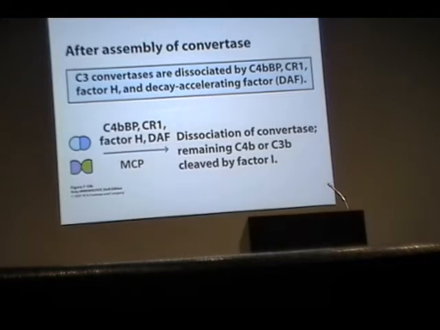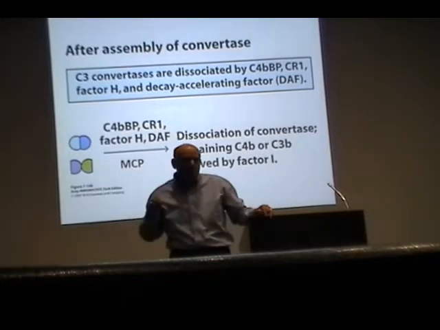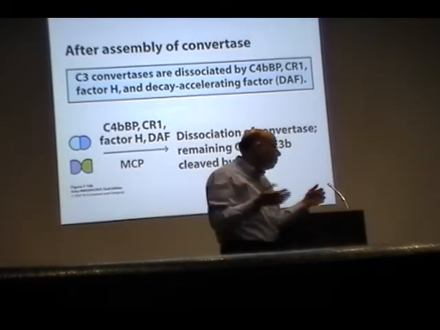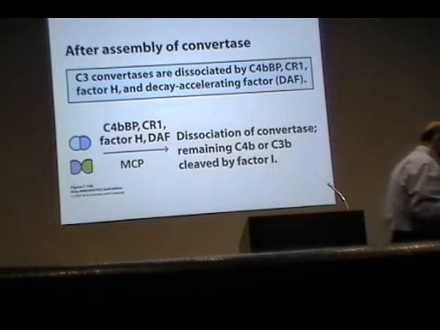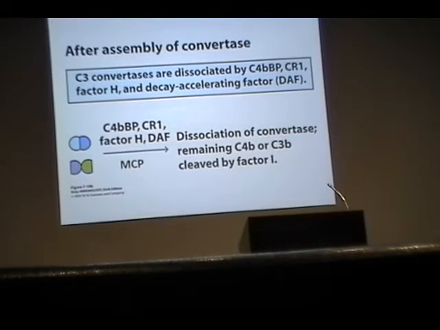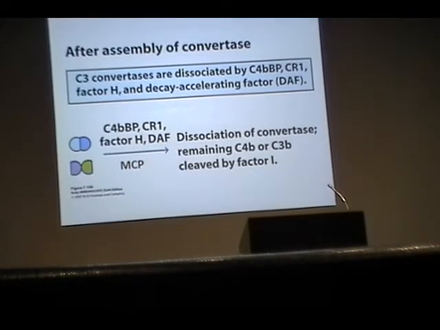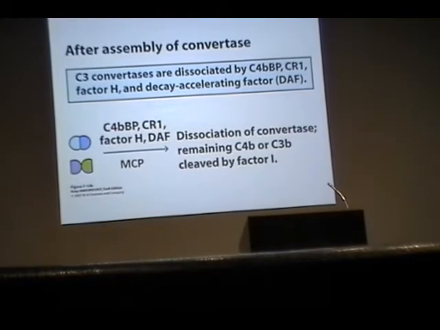Where would you put these inhibitors, these dissociation molecules? Our goal is to protect the host, but we don't want to shut the whole complement system down because then you have no protection. So where would you express those molecules? Where are you going to find them? It's sort of a trick question.